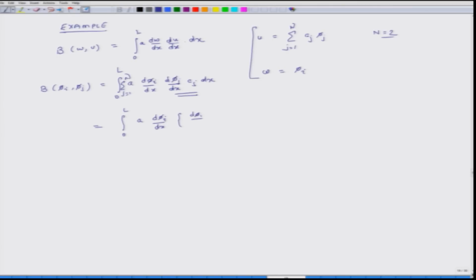So d phi 1 over dx times C1 plus d phi 2 over dx times C2, dx. Agreed? Now in this equation I can vary I. In one case I will be 1 and in another case I will be 2. I can have 2 values because n is equal to 2.